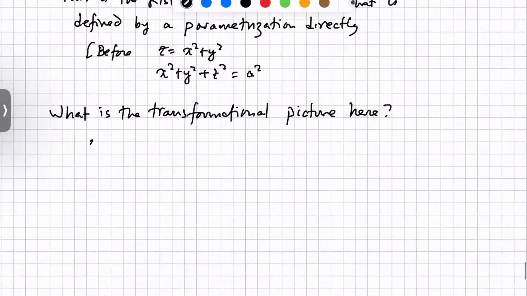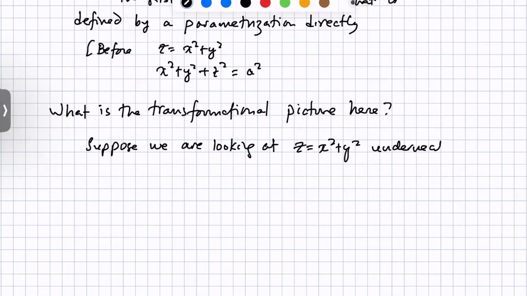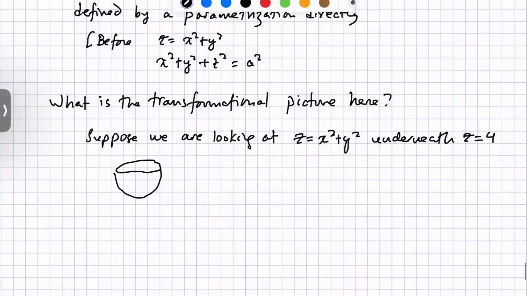So suppose we are looking at our previous example, say z equals x squared plus y squared, the paraboloid, underneath z equals 4. So again, what we have here is a paraboloid, and it's being cut off at z equals 4.